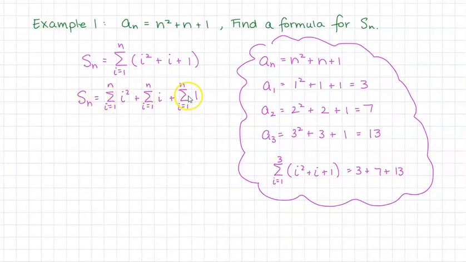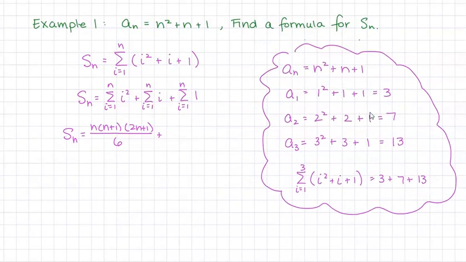And we can do that, and then we just plug in our formulas. The summation of i squared was n(n+1)(2n+1) over 6. I'm going to move this over.